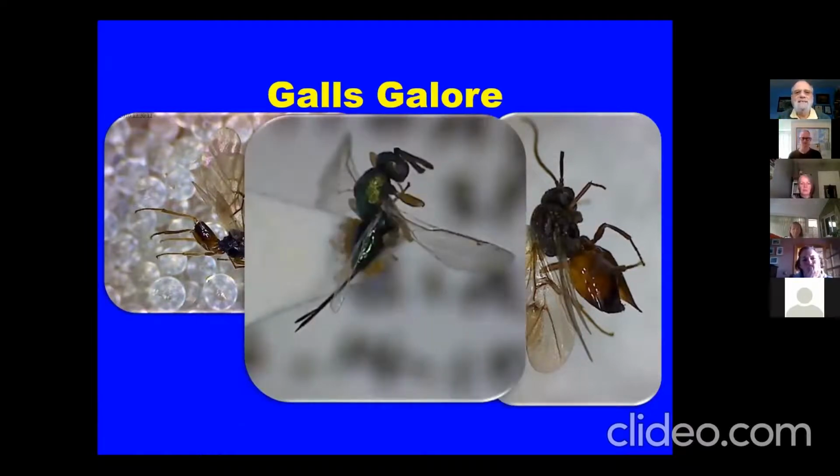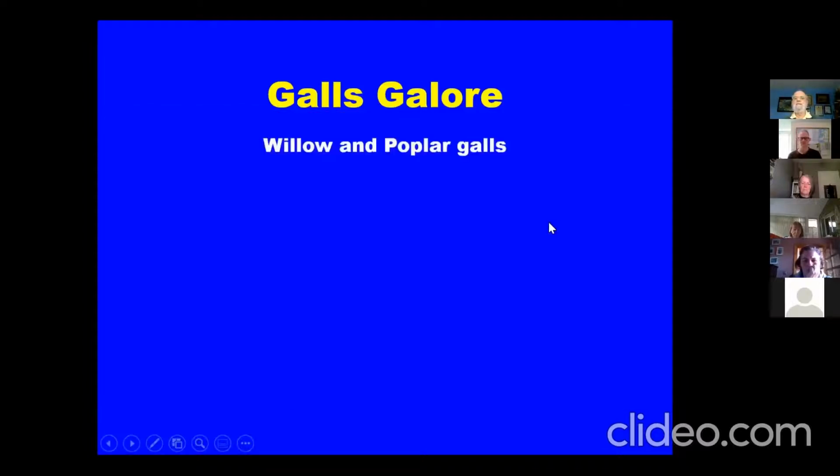Here's a chalcid with a long ovipositor and often a metallic green colour. But if you look at the wing venation, you'll see that the chalcid has a very simple single vein wing, whereas the gall wasps have a more complex wing venation with several veins. So that's an easy way to tell them apart.